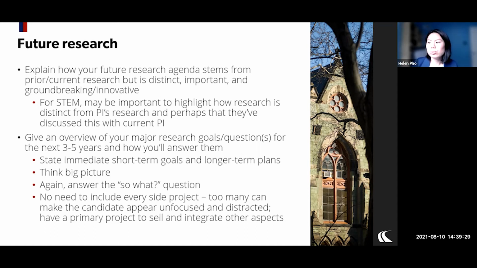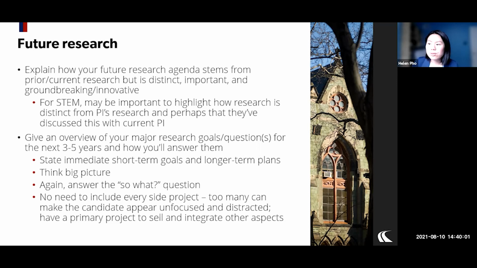It's also really helpful to be clear and to state what your immediate short-term goals are, as well as those longer-term plans. By short-term goals, I mean, what are you going to do as soon as you get hired? So let's say that first semester that you get hired in an assistant professor role at this institution, what are your goals going to be for those, let's say, 6 months or that first semester?